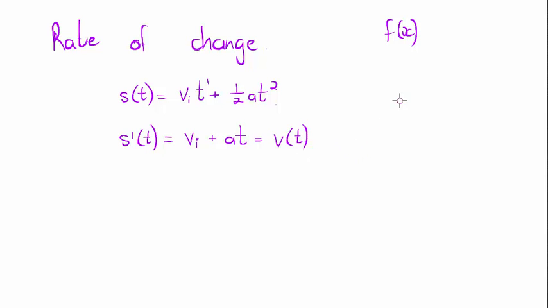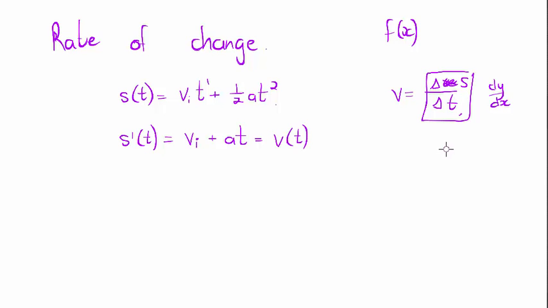Why? Because velocity is delta x over delta t, like dy over dx. It's just not y and x's, it's displacement. Sorry, I should have said change in displacement over change in time. This is rate of change.